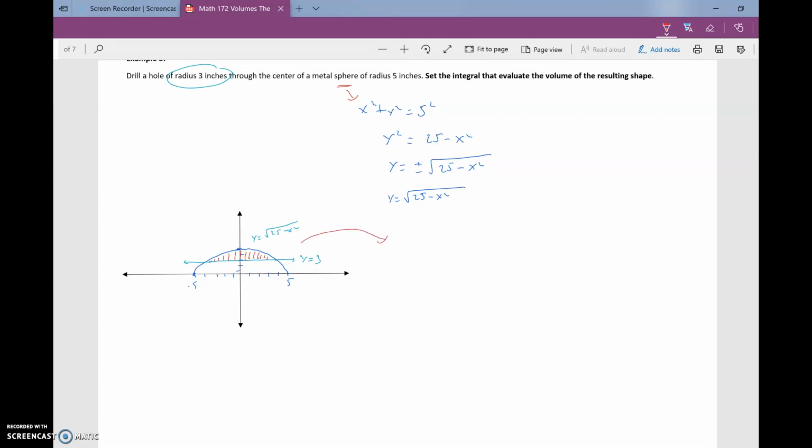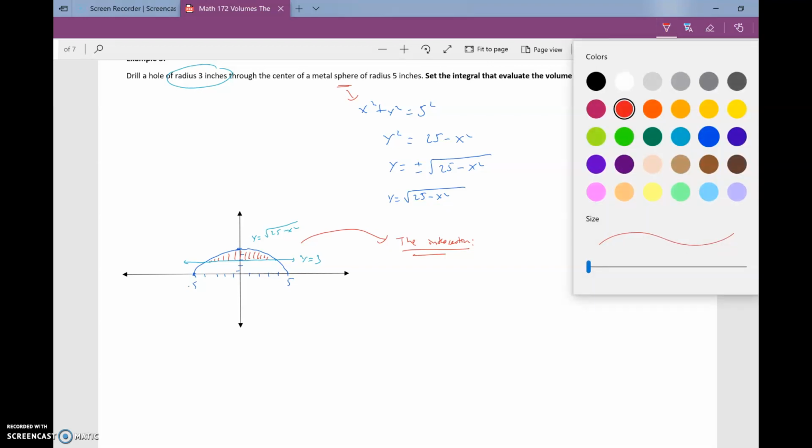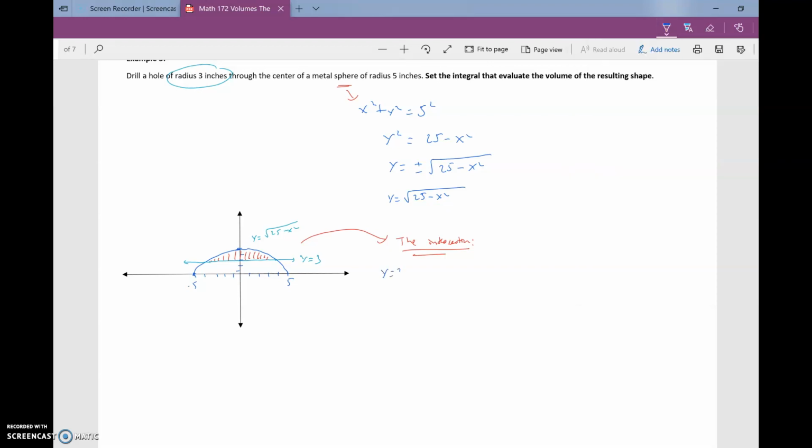For the intersections, you can simply substitute y is equal to 3 into x squared plus y squared is equal to 5 to the second.